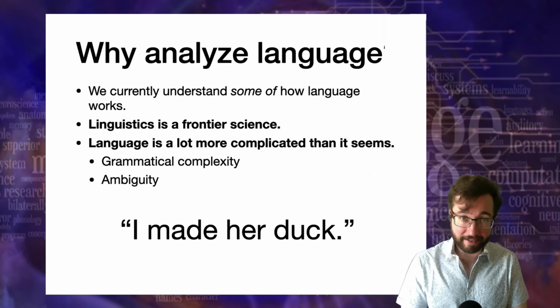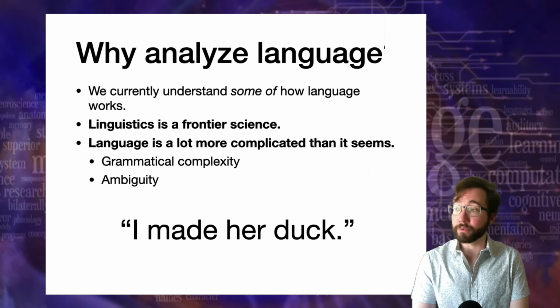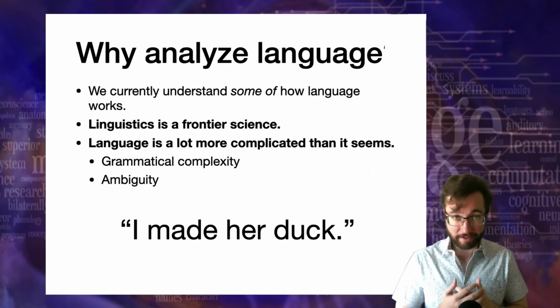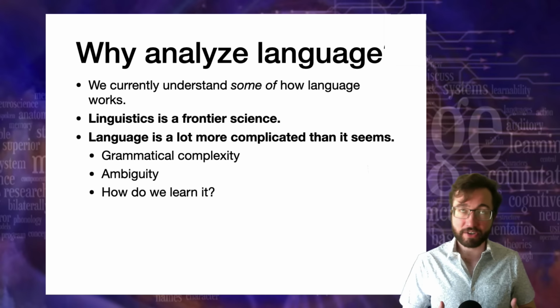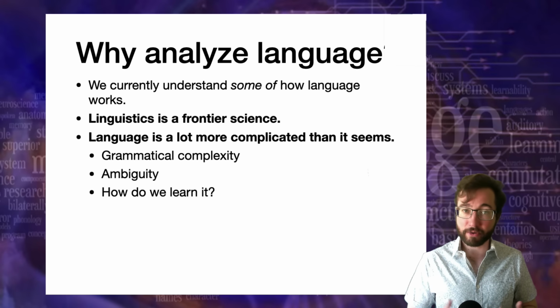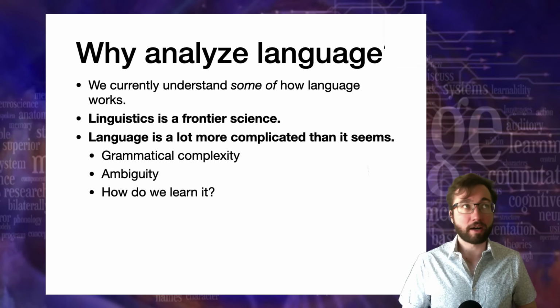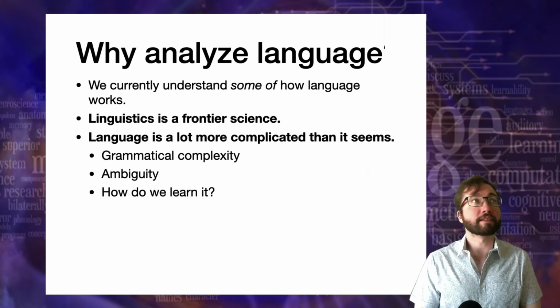We need to understand how this works if we want to build technologies that use language, if we want to have a real understanding of how language really affects us in our lives. Other questions which form areas in which language is enormously complex are, how do we learn language? Children are able to acquire the languages they're exposed to, basically in nearly all cases, nearly perfectly, without apparent effort.